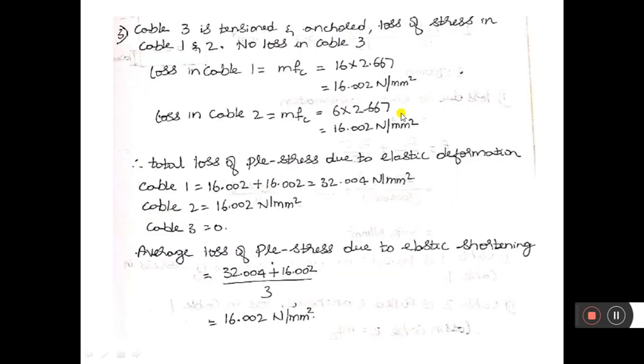Now coming to the third cable. When the third cable is applied with a pre-stressing force of 60 kilonewton, what will happen?